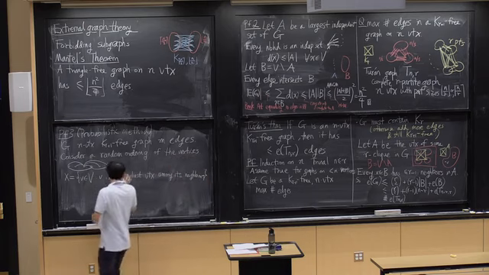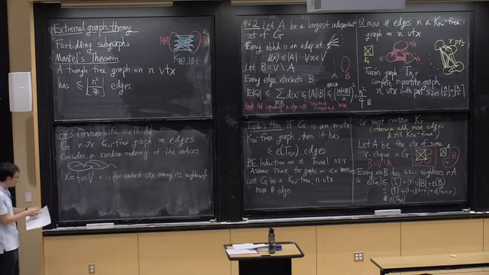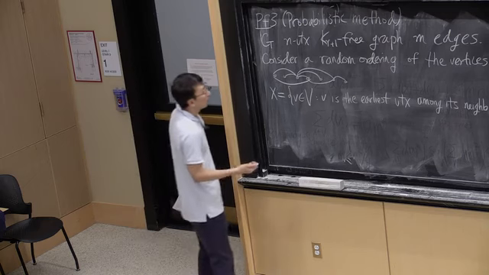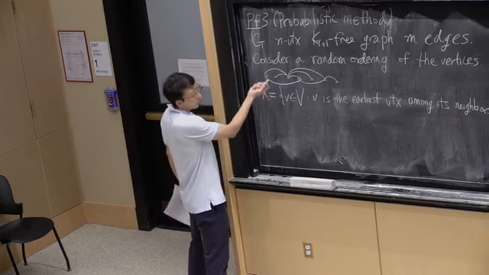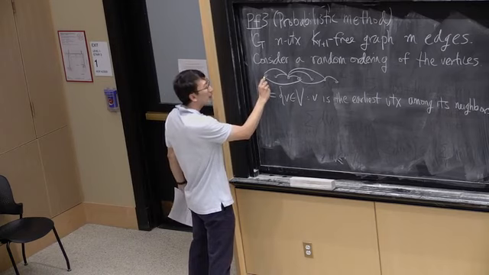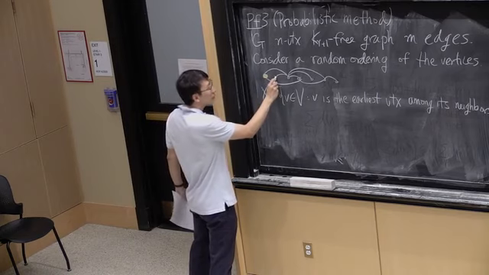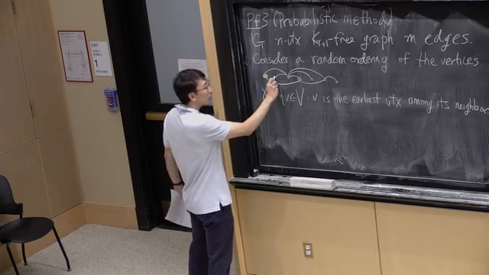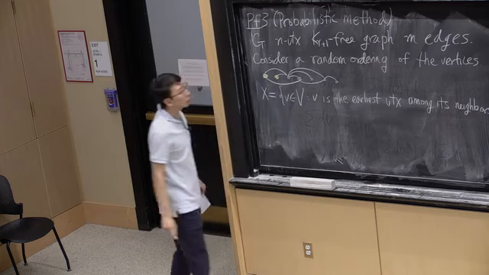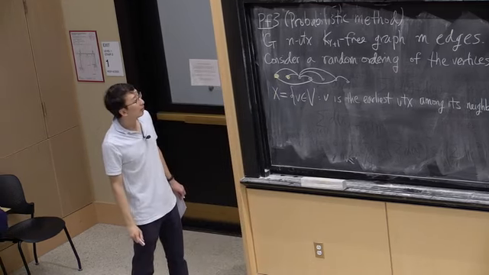Earliest means the leftmost, so I go from left to right. I look at the first vertex. Well, the first vertex should always be in your set. This vertex has one neighbor, to the right, so that's okay.